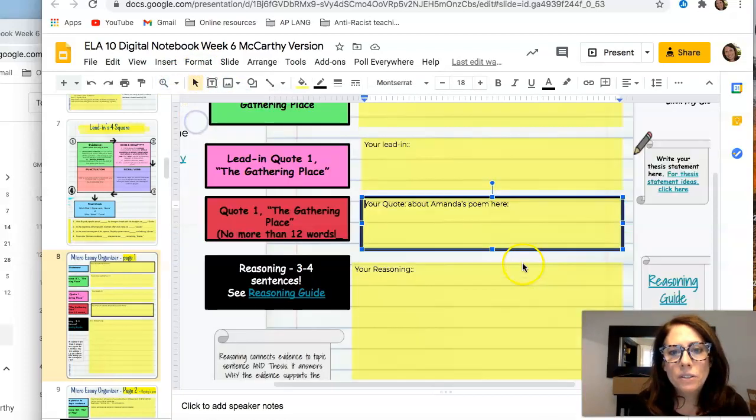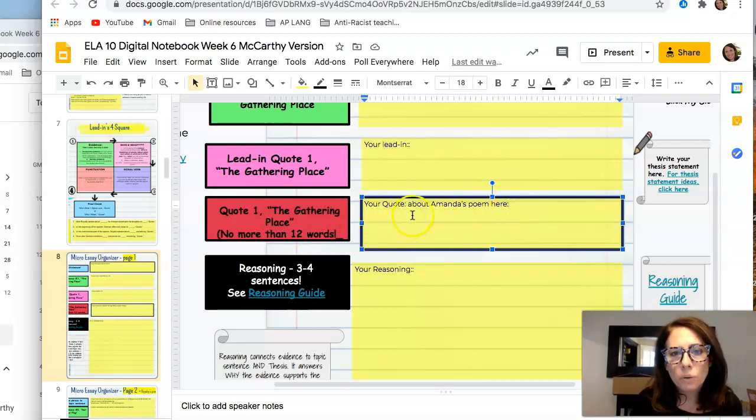So the evidence to show the universal idea that is attached to Amanda Gorman that you came up with, that evidence goes right here next to this red-ish box called quote 1, okay?